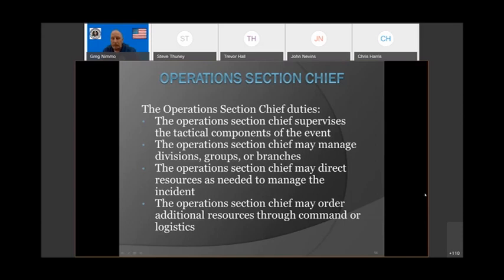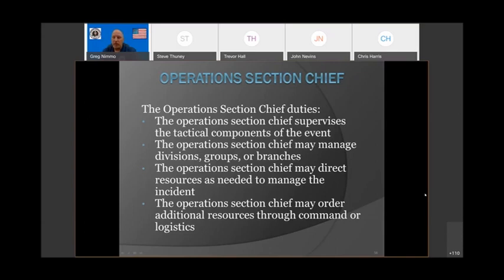He also may order additional resources through command. So if you see that you're in the middle of an incident and whatever section you're in charge of, you understand, hey, this isn't working for me, I need more resources to complete your task, you may order additional resources through command or logistics, depending upon how your incident's set up.